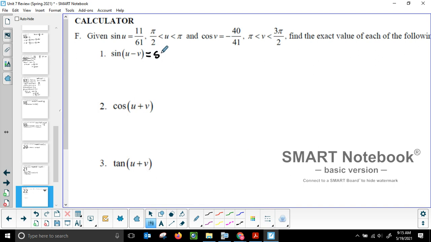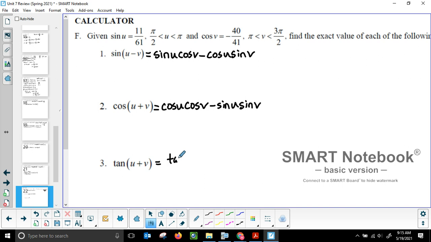So this will equal sine u cosine v minus cosine u sine v. This one down here will equal cosine u cosine v minus sine u sine v. And this one will equal tan u plus tan v over 1 minus tan u times tan v.